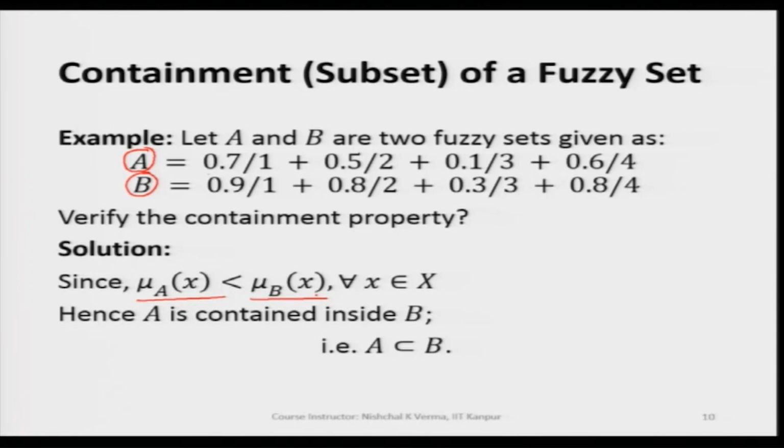This means the membership values in fuzzy set A are less than the membership values in fuzzy set B for corresponding generic variable values.